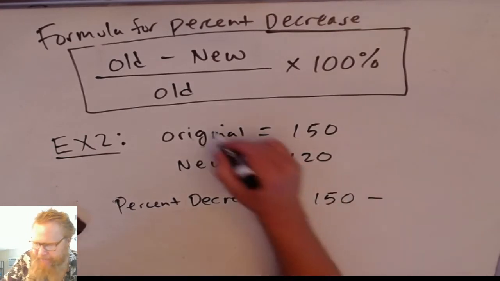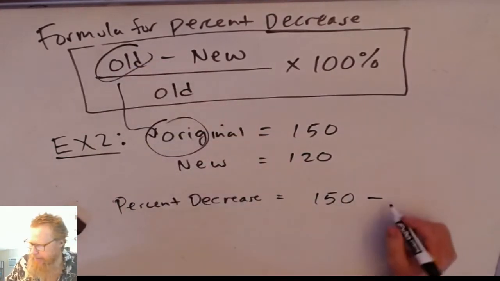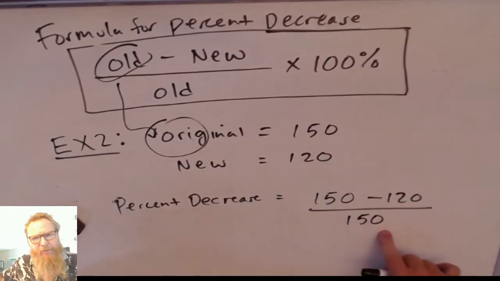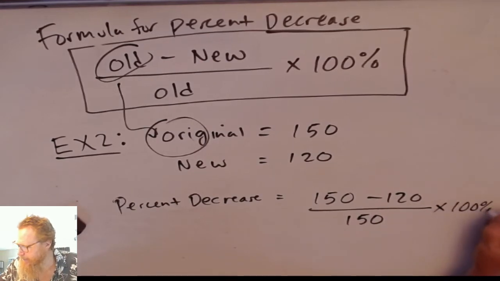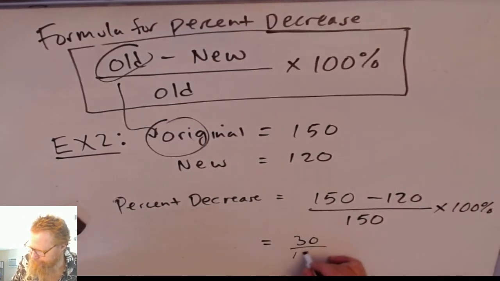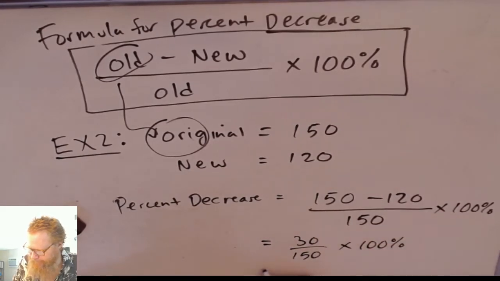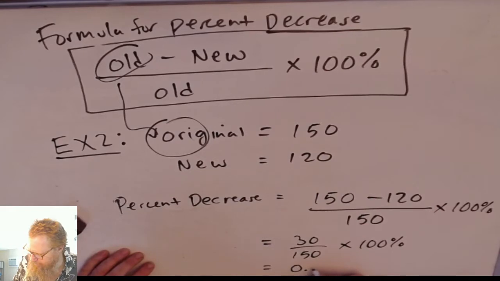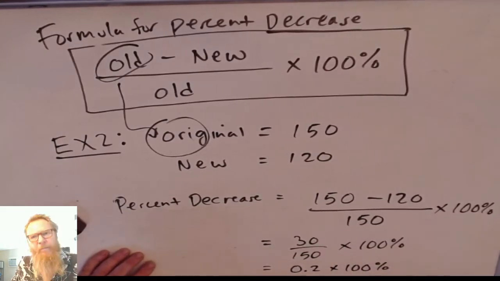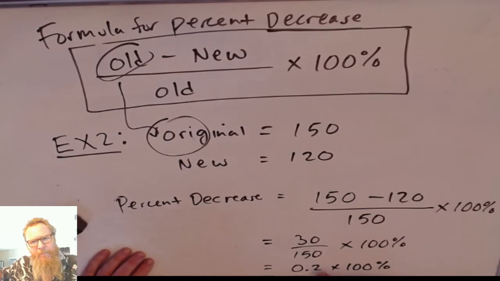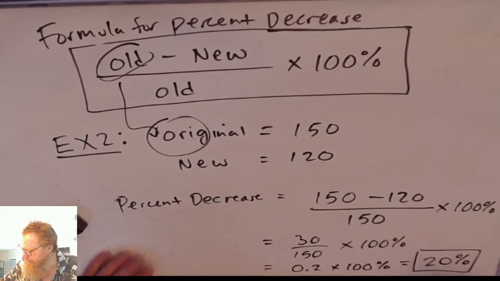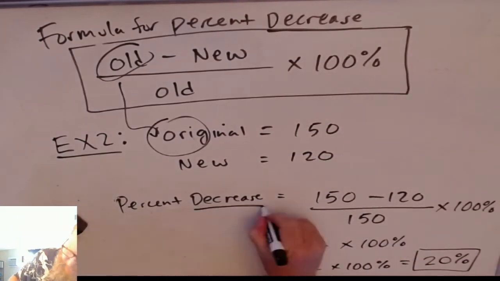So old is 150. That's old, original. Minus 120. But remember, you're always dividing by the old, the original. And then times 100%. 30 divided by 150 is 0.2. You always want to write that as a decimal. And then multiply by 100%, which really just means move the decimal over 2 places. So you get 20%. And that is a decrease.